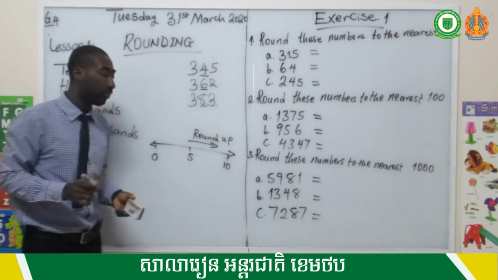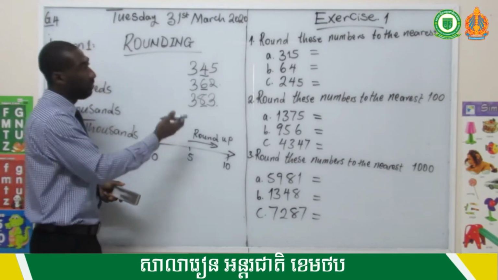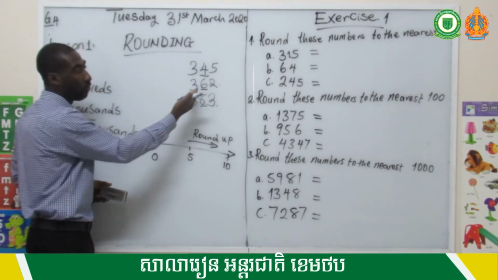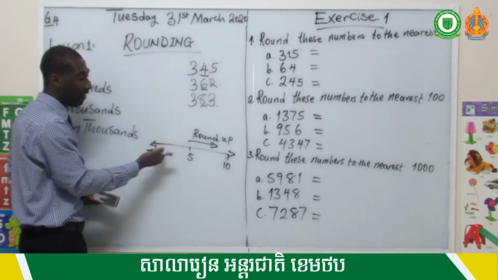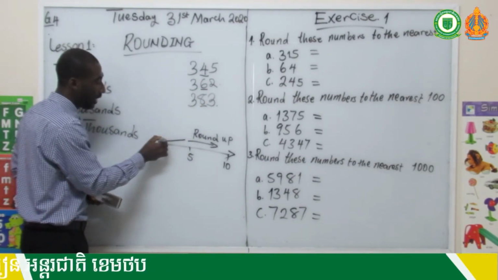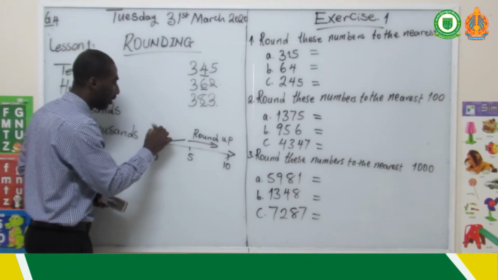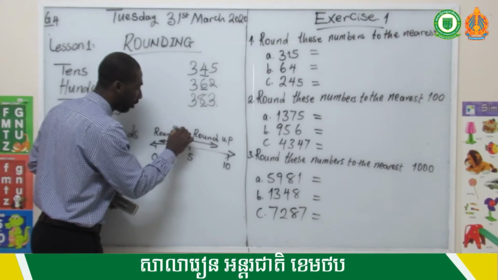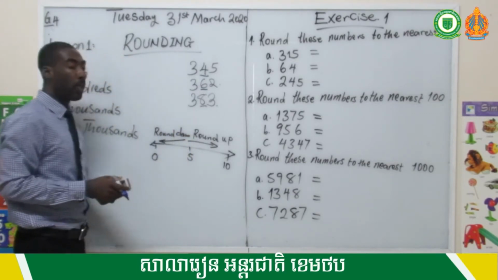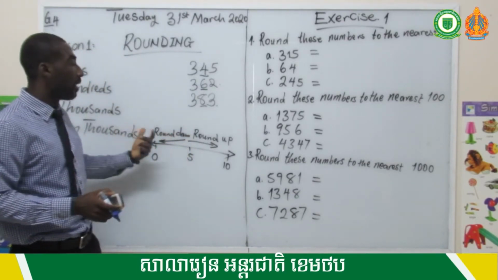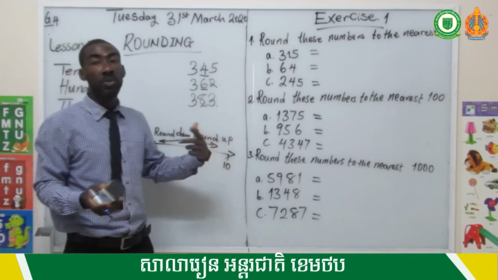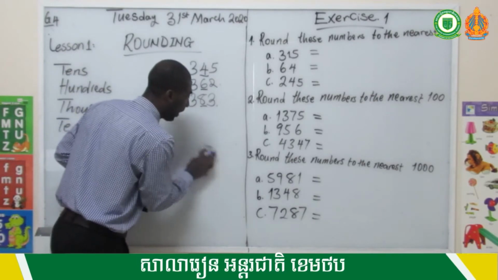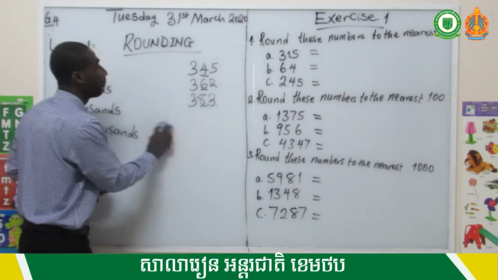However, if the next door number, or the next number close to what you are looking at, is less than 5, it means that you have to round down. Okay? So on the left hand side we round down, on the right hand side we round up.